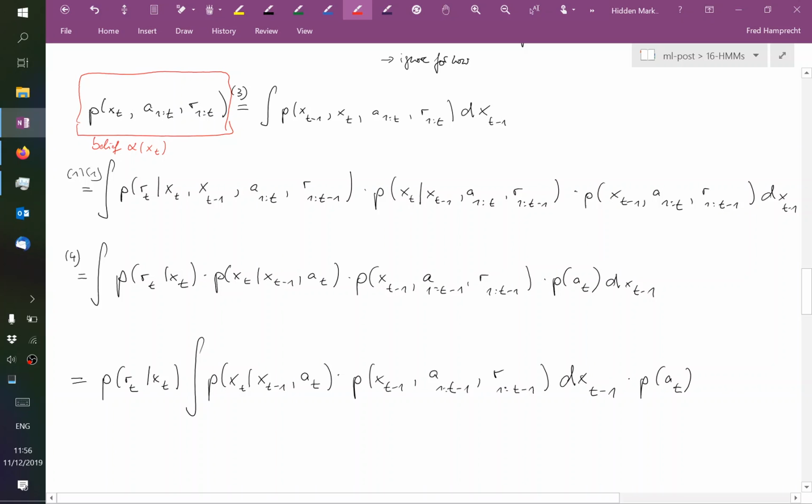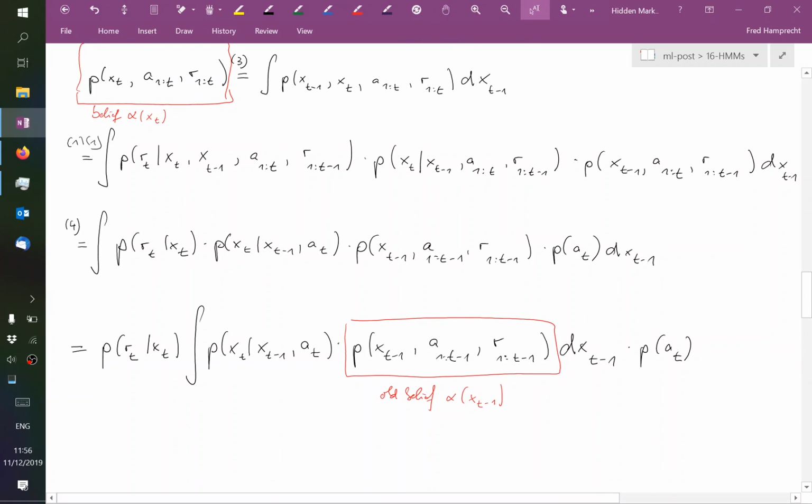I'm omitting here the actions and the readings because after having observed them, they are constants. Yeah, so the only variable in here is xt. And the new belief depends on the old belief that we see here. This was the old belief, alpha of xt minus 1. All right.